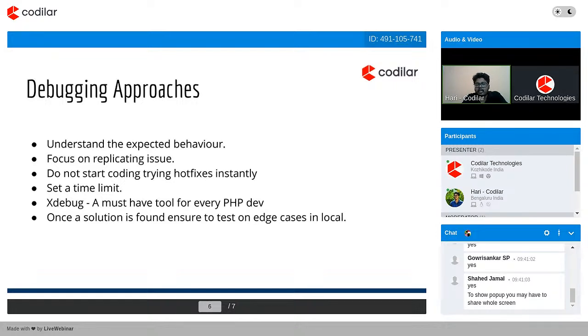Even if we still are not getting the same issue, then we can add some logs. If we have Xdebug set up on other servers, other systems, it will be good to go. But when we don't have more options, loggers are the option to go, right? So we can add logs, we can add some patches and check the behavior of the bugs.